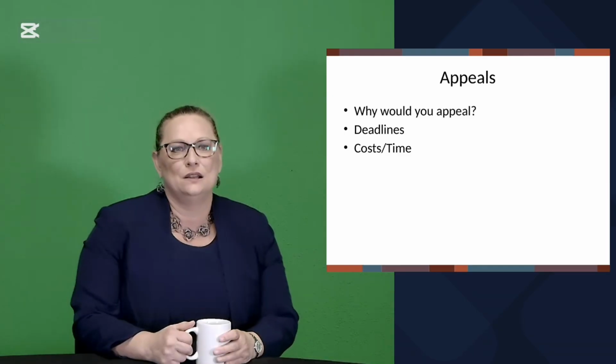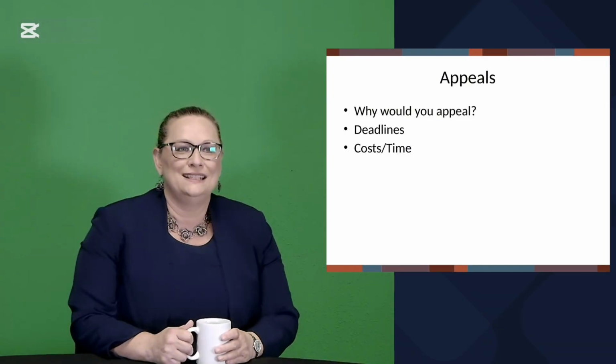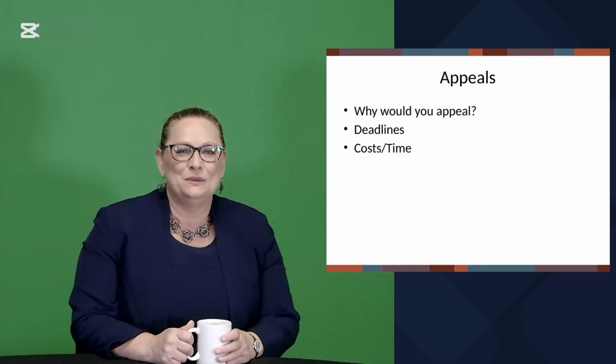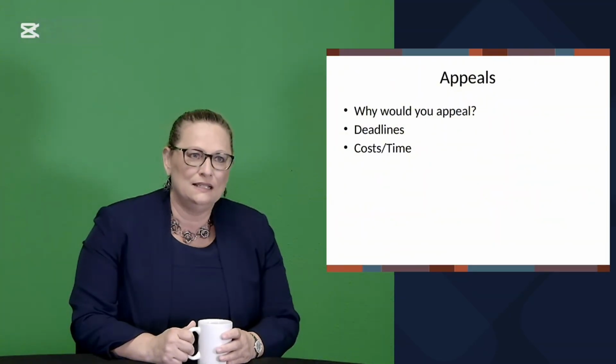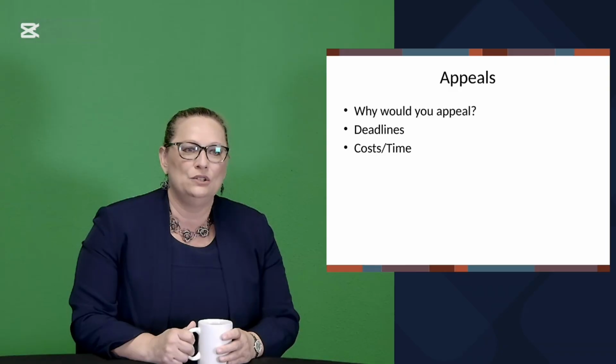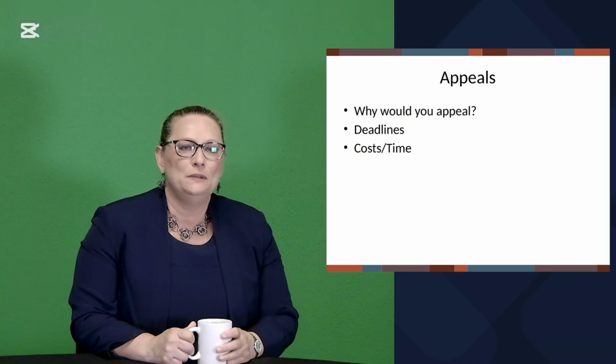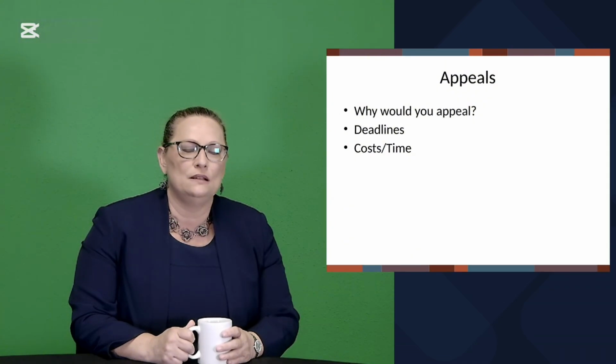Appeals. So I'm not going to get too deep on appeals because we'll have another video more in depth on appeals. But you have very strict deadlines of when you can challenge orders in a case. So an appeal to the Nevada Supreme Court or Court of Appeals must be filed within 30 days of the service of the notice of entry of order of whatever final order you're appealing.